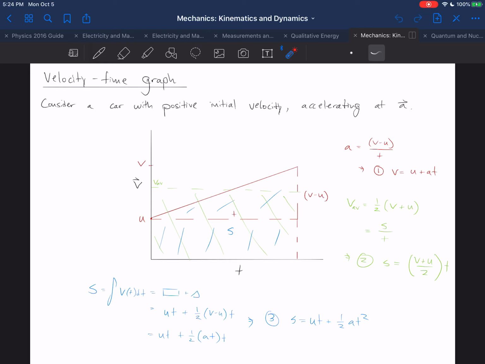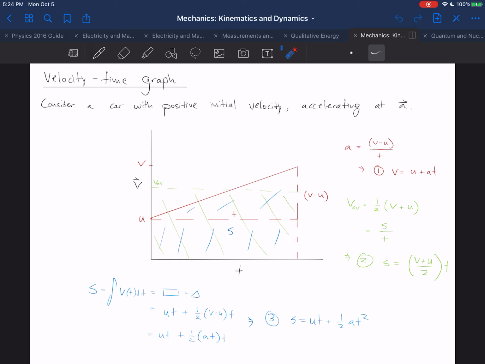As a result, we get this equation, which says that the average velocity is equal to 1/2 v plus u, that's this particular quantity, 1/2 v plus u, notice v plus u, not v minus u. And then 1/2 v plus u times the time is equal to the total displacement, this green area right here.